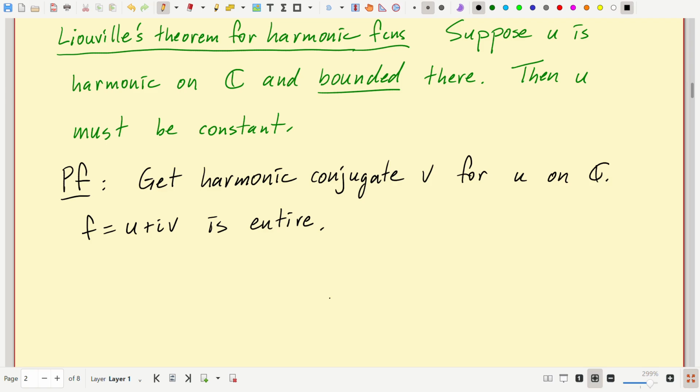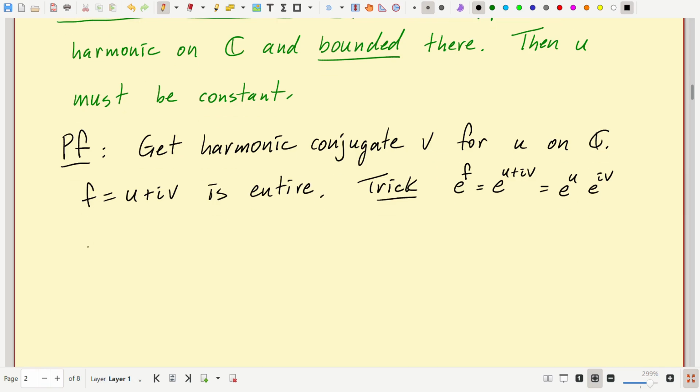The trick is, if I think of the exponential function, I can write e to the f, that would be e to the u plus iv. That's e to the u times e to the iv. And when I take the modulus of that, the modulus of e to the f would be the modulus of e to the u, which is a real positive number, so the modulus is itself.